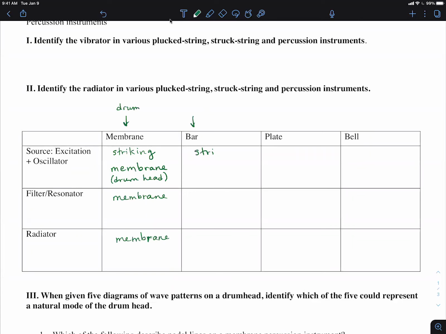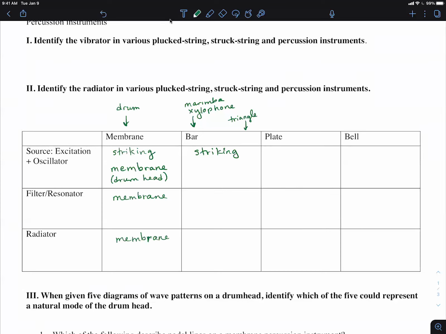For the bar family, we're thinking the marimba, the xylophone, and all of the other variations, the ones that have bars laid out like a keyboard. And then there's also a different type, which is like a triangle, would be a bar instrument as well. There is a striking position.